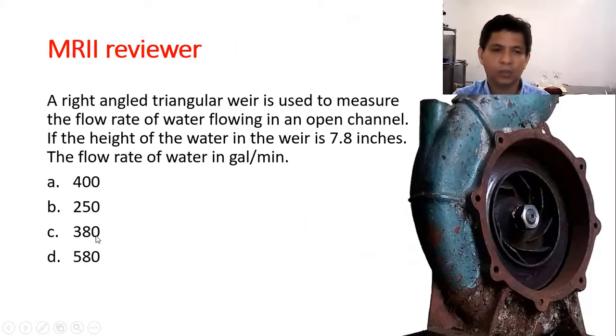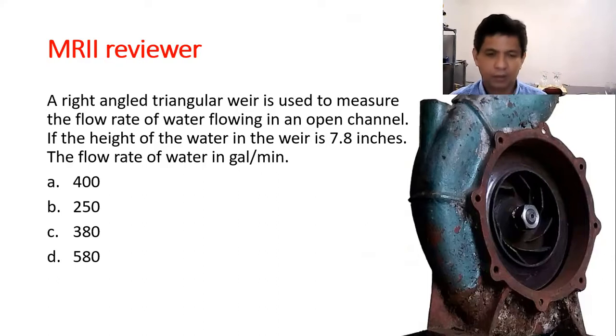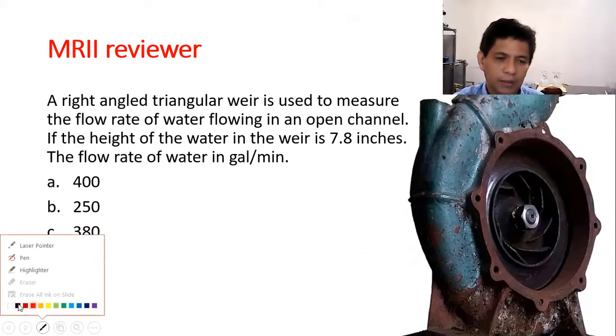So let's try to solve the MRI reviewer problem. A right angle triangular weir is used to measure the flow rate of water flowing in an open channel. If the height of the water in the weir is 7.8 inches, the flow rate of water in gallons per minute is blank. Let's just substitute everything into our empirical equation.